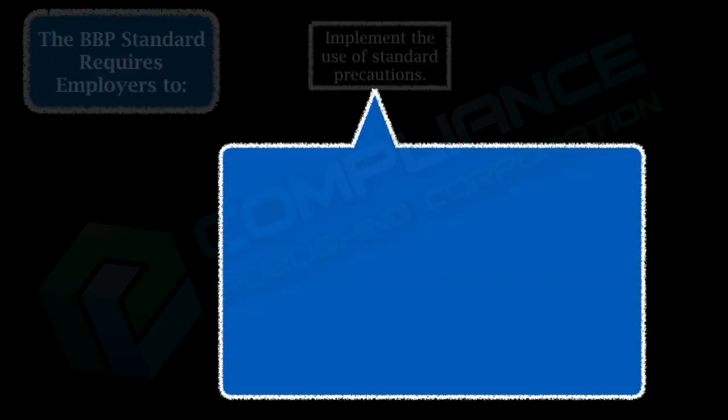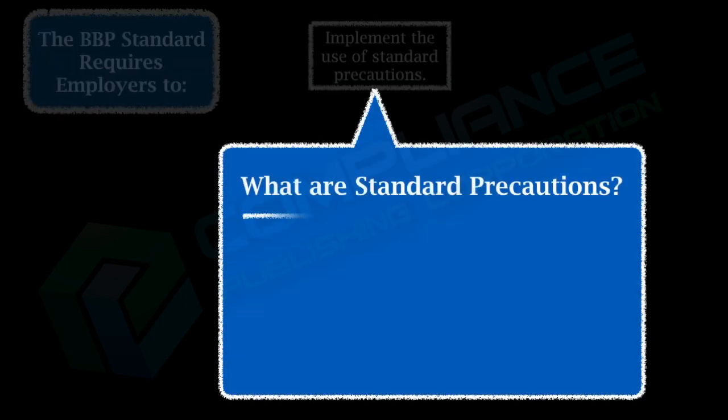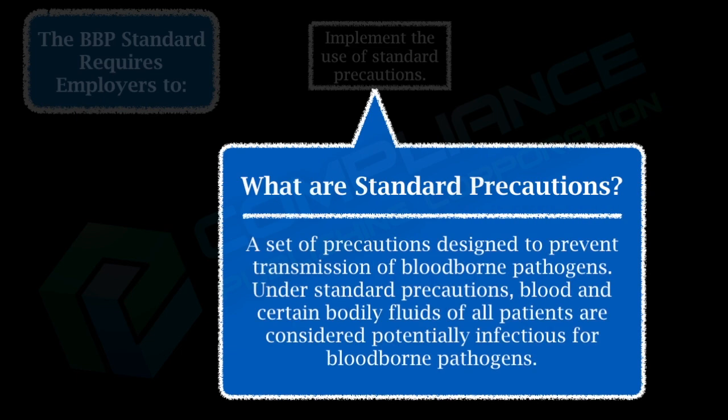Standard precautions: a set of precautions designed to prevent transmission of bloodborne pathogens. Under standard precautions, blood and certain bodily fluids of all patients are considered potentially infectious for bloodborne pathogens.